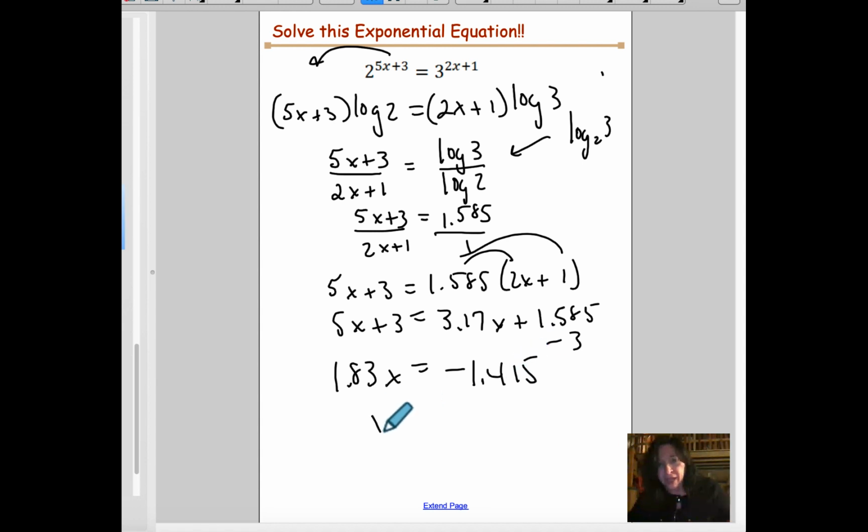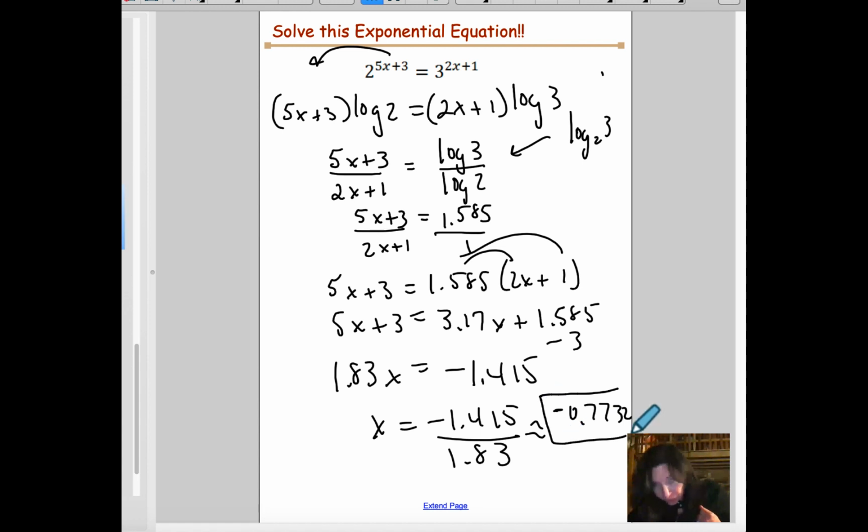So to get x by itself, we're going to take negative 1.415 over 1.83. And so I'm going to divide my answer by 1.83. Approximately negative 0.7732. And that's my solution.